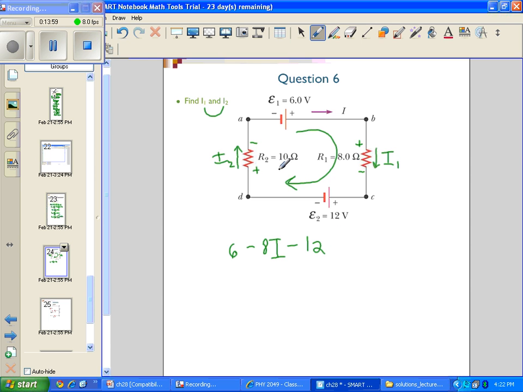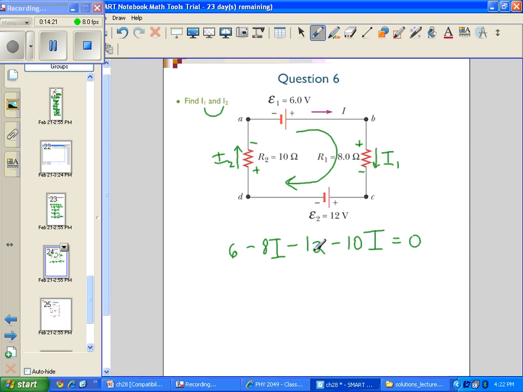When I get to the resistor, I'm traversing from positive to negative, which means again I'm going to experience a drop, and I'm going to write that as a minus 10, because R2 is 10, times I2, or I. When I get back to the battery, I'm going to set that equal to 0.